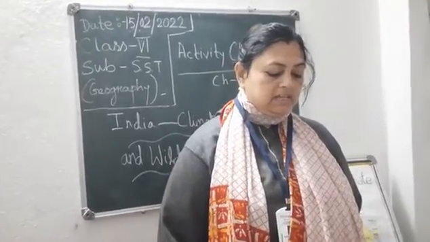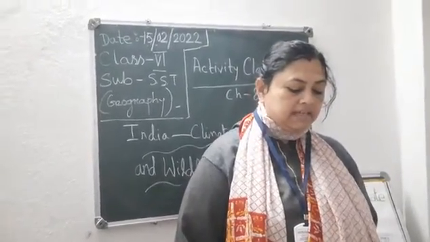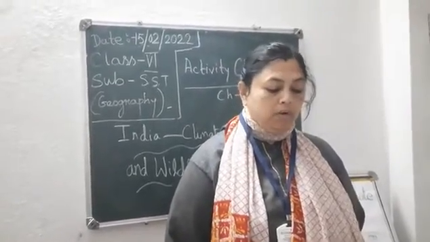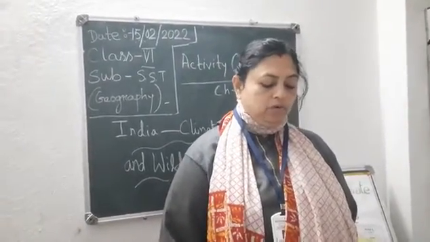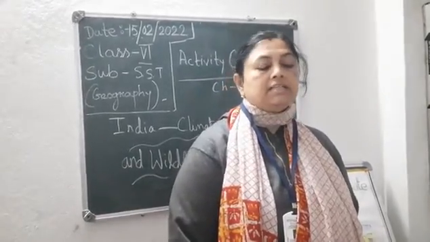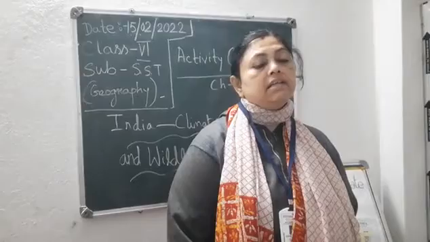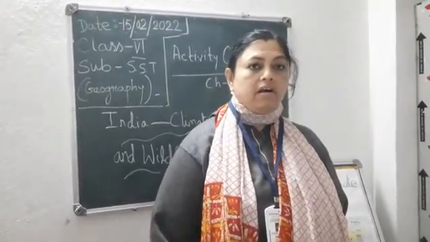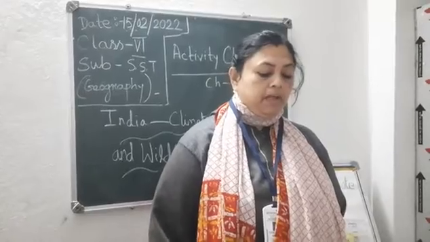Just as in Dras and Kargil in Jammu and Kashmir, there is freezing cold. But if we go to a place like Jaisalmer in Rajasthan, sometimes it does not get any rainfall throughout the year. So there is a vast difference of climate.